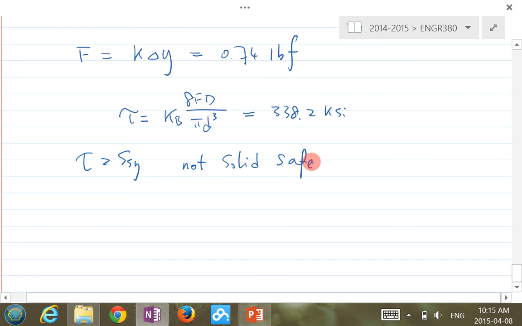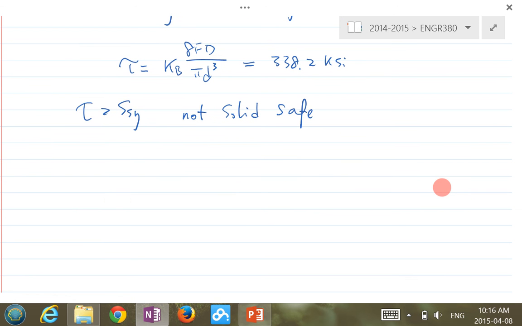If it can't, then the concrete question is, what can we do to make it solid safe? In terms of design, there are different ways you can do it. You can have a different wire diameter, small d, or you can have a different mean diameter, capital D. Or you can also have a different free length.